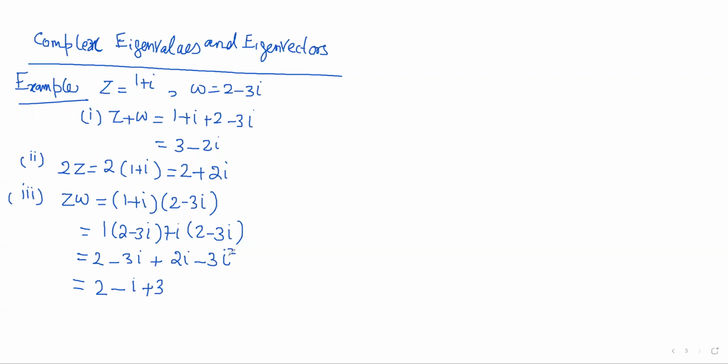Finally it will become 5 minus iota. So the multiplication of these two complex numbers is also a complex number, but of course it is not always the case, depending on the components.